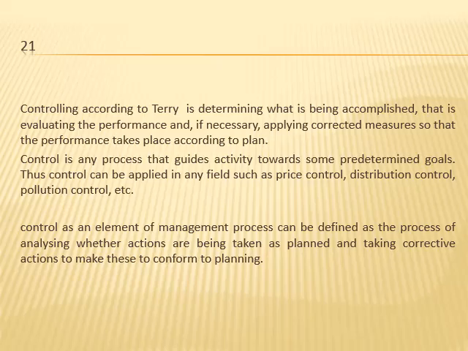So, the control process tries to find out the deviations between planned performance and actual performance, and to suggest corrective actions wherever these are needed.